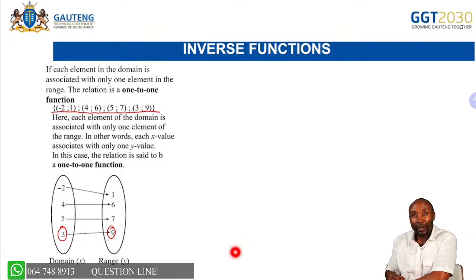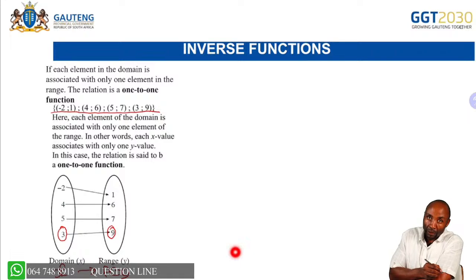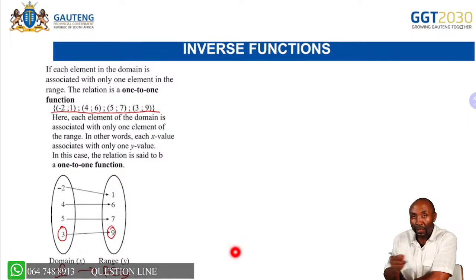Remember, how can we do this? For every x value in the domain, it is associated with only one value there. Remember, to get our y value, we substitute the x value in the domain into a function and the output gives us the y value in our range, which is our f of x there.